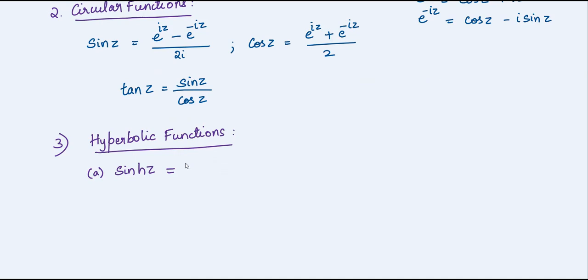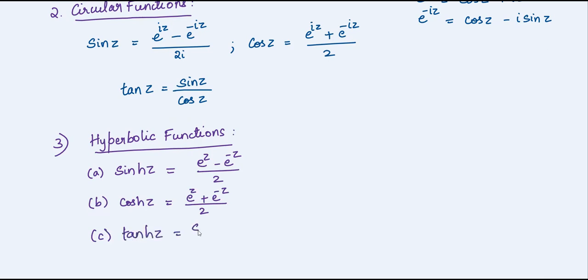So this is e power z minus e power minus z upon 2. Cos hyperbolic is e power z plus e power minus z upon 2. And then tan hyperbolic z is sine hyperbolic z by cos hyperbolic z.